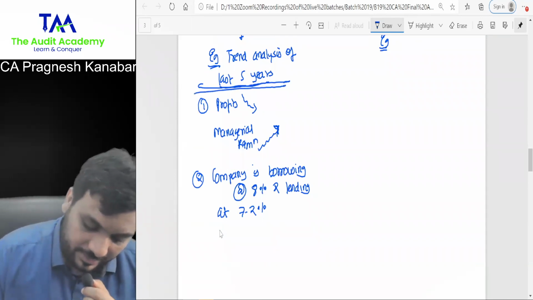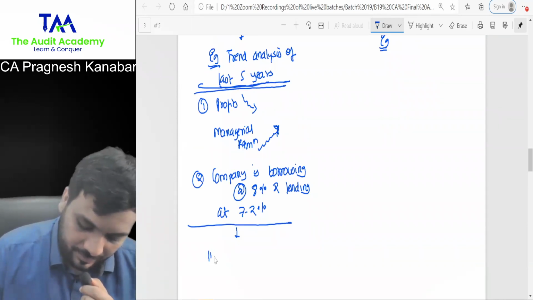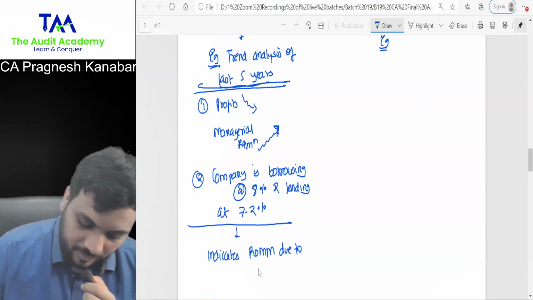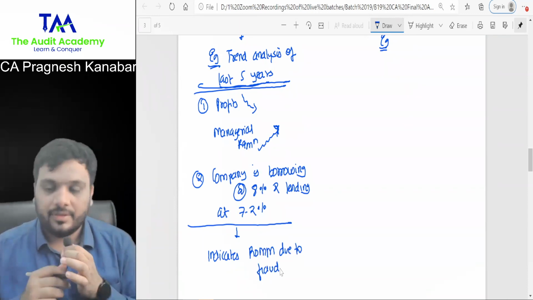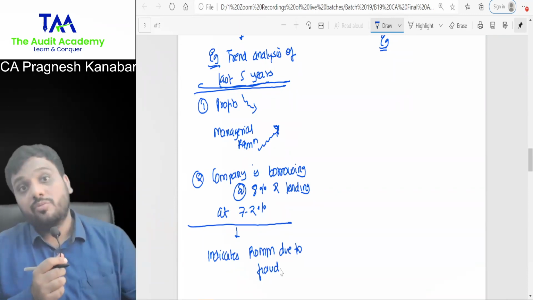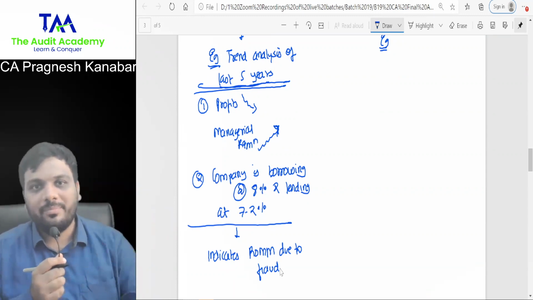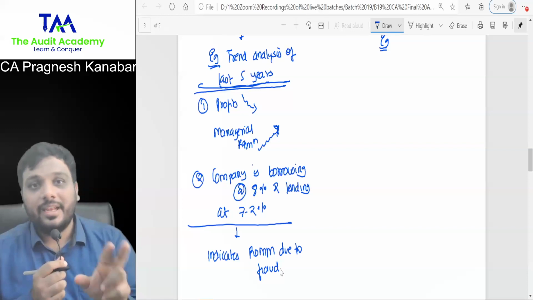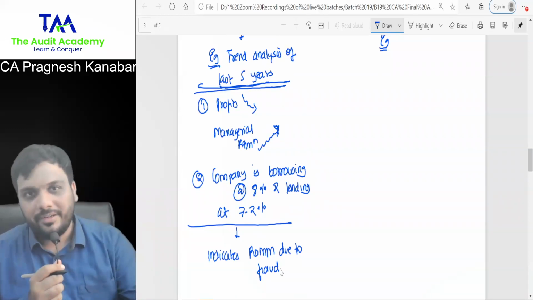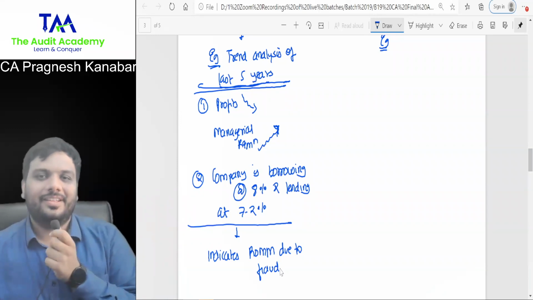This trend analysis indicates risk of material misstatement due to fraud. Because the company wanted to borrow more funds, they were manipulating the financials also, because by manipulating the financials, they can get a good credit rating, and the whole borrowing of the company depends upon the credit rating. Okay. So there is a risk.